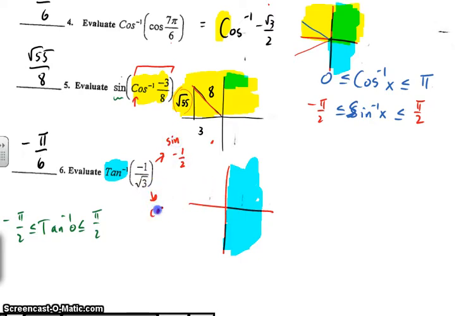This results in a cosine of root 3 over 2. That must be this right here. The longer side is cosine, shorter side is sine, and the angle there is negative pi over 6. Not 11 pi over 6. It has to be negative pi over 6 because the range of inverse tangent is between negative pi over 2 and pi over 2.